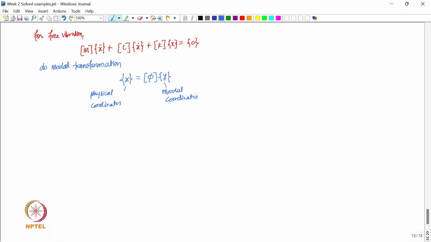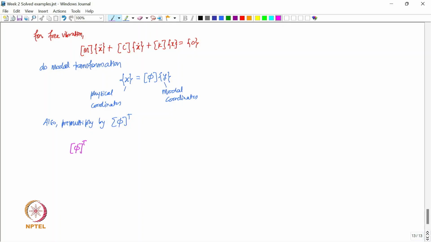So, basically we want to transform the physical system to the modal space, right. Then we can replace x by phi y, and also pre-multiply by phi transpose. If you do that, then what equation do you get?